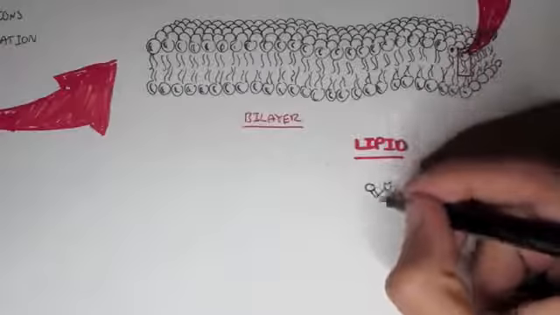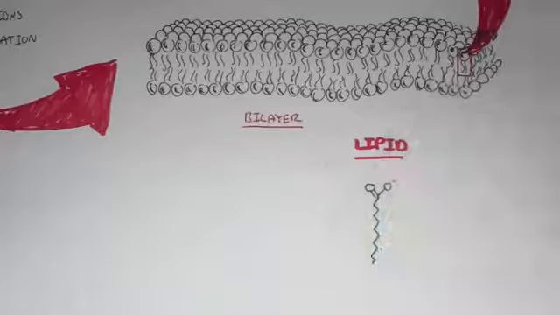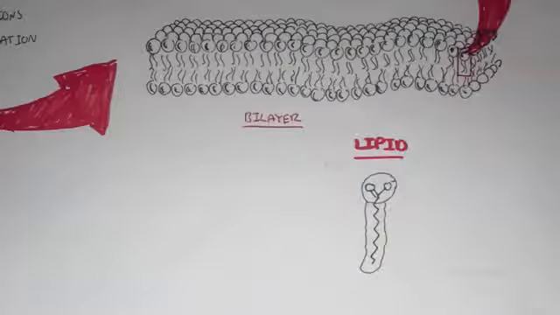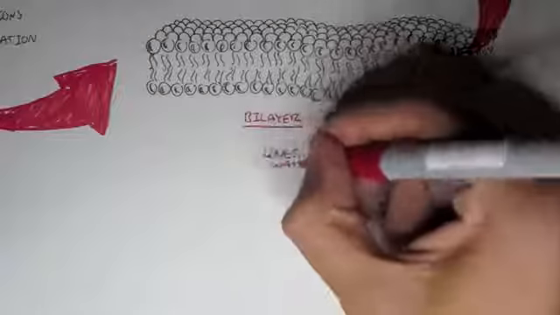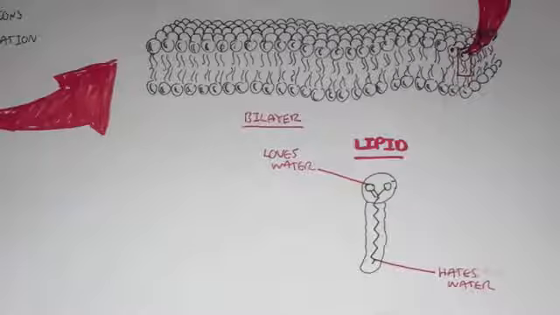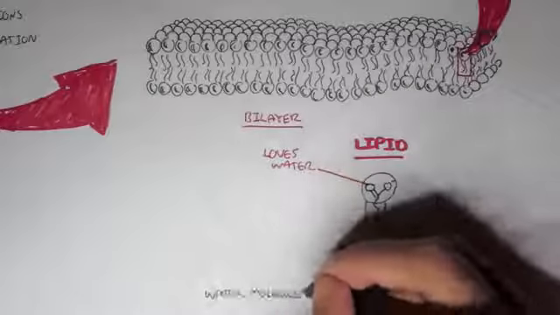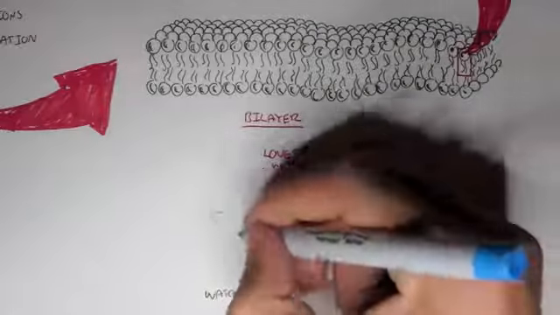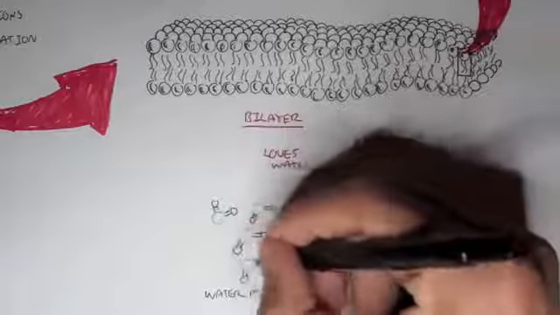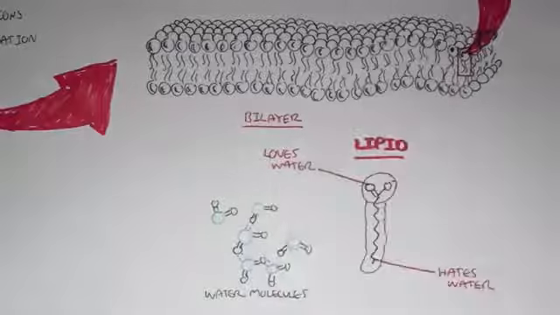A normal lipid structure contains a carboxyl end and a long fatty acid chain. The carboxyl end is hydrophilic, you can say. It loves water. And the chain, the hydrocarbon chain, or the alkyl chain, hates water, hydrophobic. So what happens if you put this in a solution of water where water molecules reside?